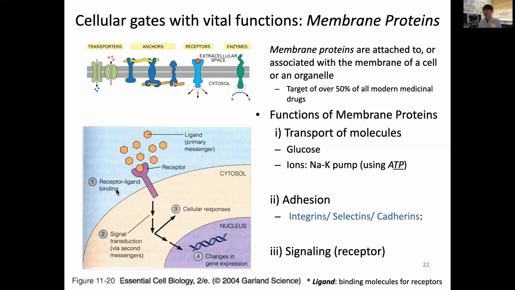So ligand binding triggers a signal for the cell to know what's going on in the outside environment. You see multiple arrows, meaning various enzymes are involved in signal transduction through second messengers. That will cause a cellular response directly, or maybe get into the nucleus where gene expression will change.